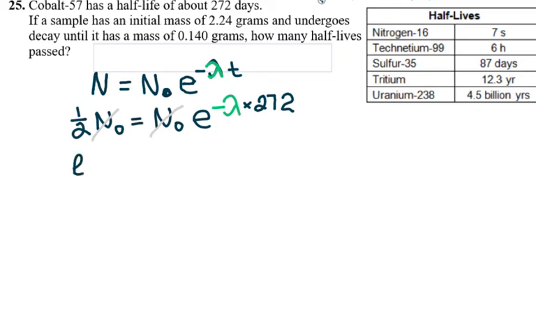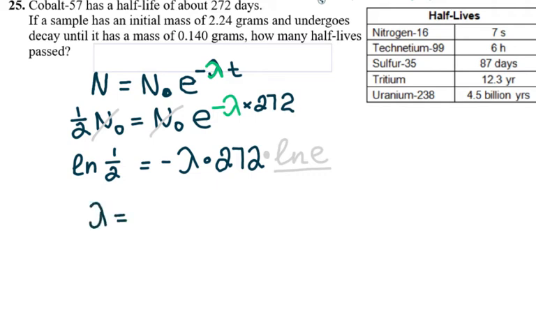So I'm going to have the natural log of the left side, and then I'm going to have negative lambda times 272. And then I'm going to have the natural log of e, which is 1. So that number is just 1, I don't have to copy it again. And that gives me lambda is equal to 0.00275.